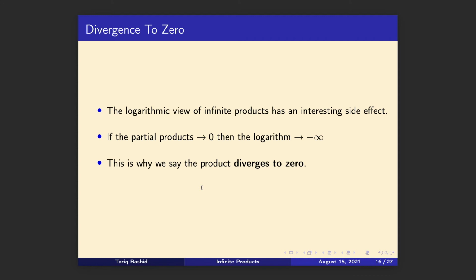So if the partial products tend to 0, then we say it diverges to 0, because in the log view, the logarithm will tend to minus infinity. That's where the root of this is. We will come back to this.